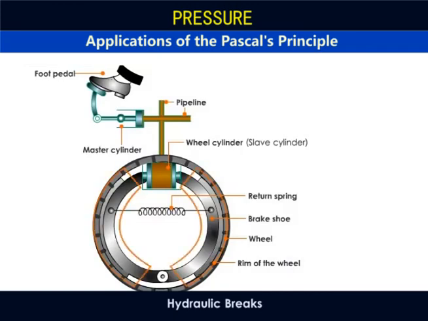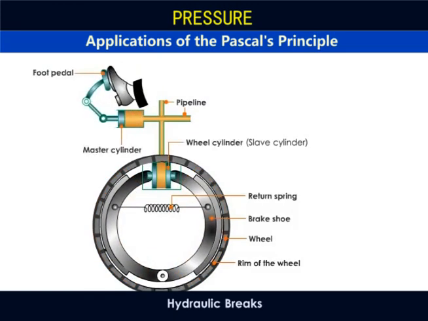This pressure causes the pistons to be pushed outwards. This also pushes the brake shoes against the wheel drum, hence causing it to halt its rotation. When the pedal is released, the return spring forces the pistons of the slave cylinder back and the fluid flows back into the master cylinder.